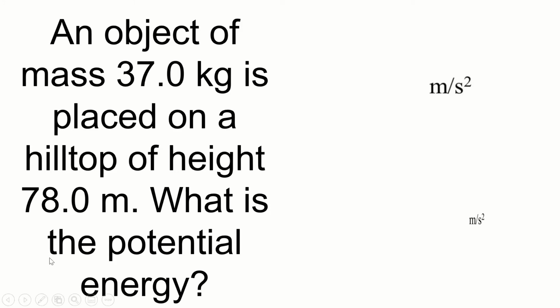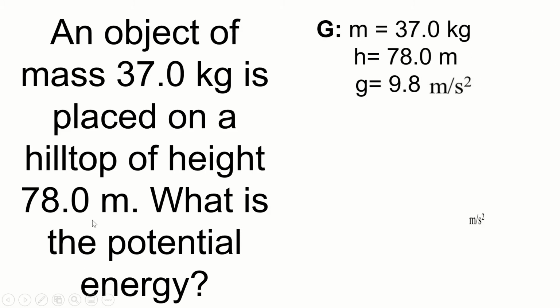An object of mass 37.0 kg is placed on a hilltop of height 78.0 meters. What is the potential energy? So on this problem, the given is mass, which is 37.0 kg, height which is 78.0 meters, and the acceleration due to gravity on Earth which is 9.8 meter per second squared.